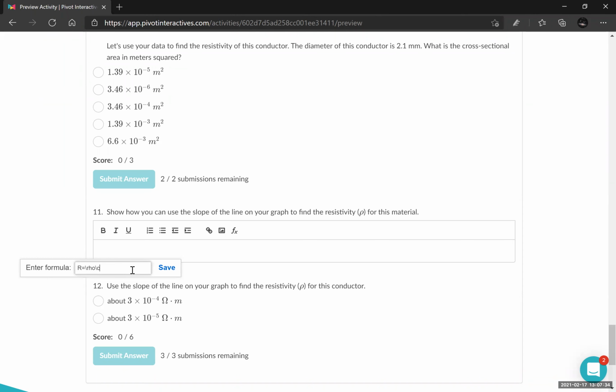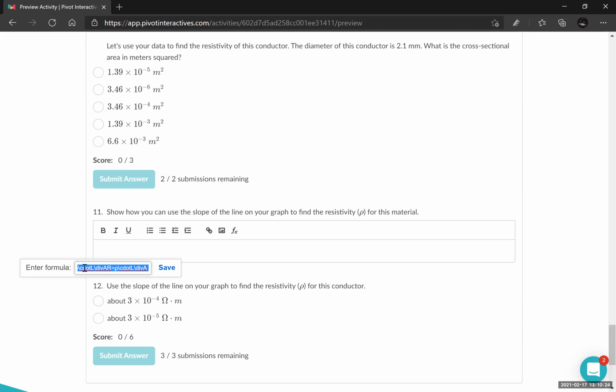Then this is basically rho times length. Then we're going to divide that by area, right? So then we do backslash div, division, and A. And if I click this, let's see, it didn't work. All right, so let me try again.